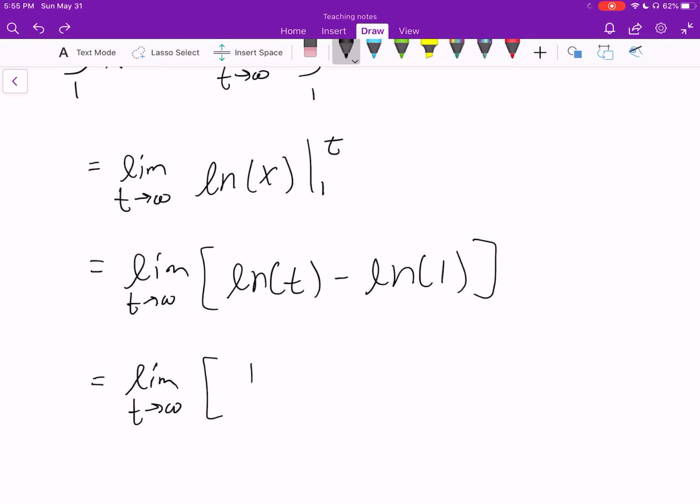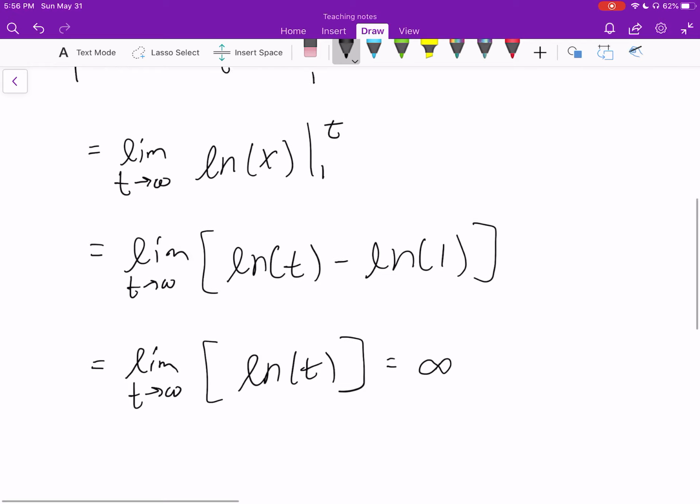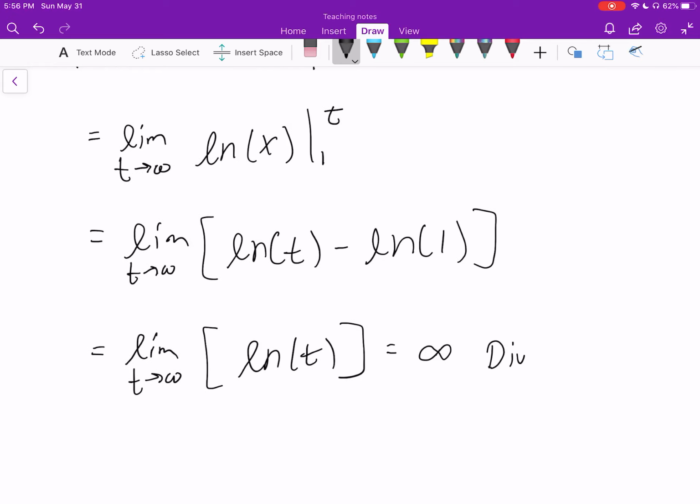I don't know why I took a derivative there. So ln of 1 is 0, and that's why I only have ln of t now. If you look at the graph of ln of t, as this goes off to infinity, this is infinite. So this integral diverges because it doesn't yield a finite value when I take the limit.